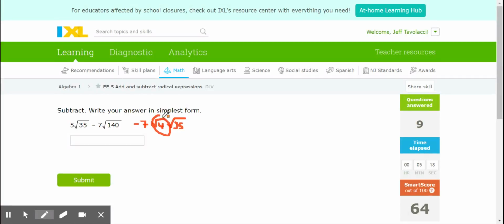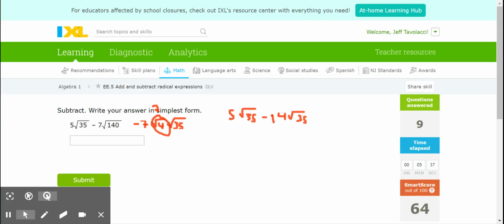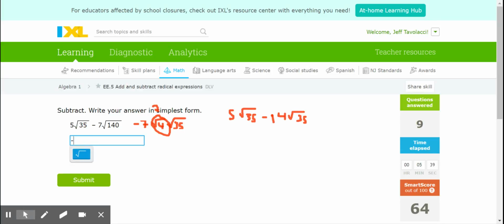Square root of 4 I can take. It's going to be 2. So this is going to give me 5 square root 35 minus 2 times 7. That's going to give me 14 square root 35. So 5 minus 14 is going to give me negative 9 square root 35.